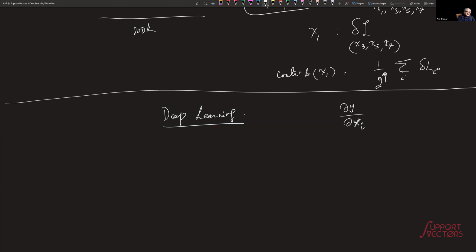So you can say that the ith feature importance at a given place, near a certain value x naught, is given by the derivative. And this is a mathematical truth. It has nothing whatsoever to do with deep learning.